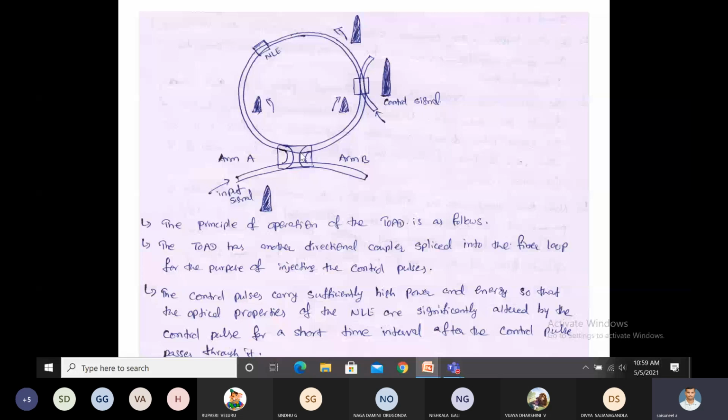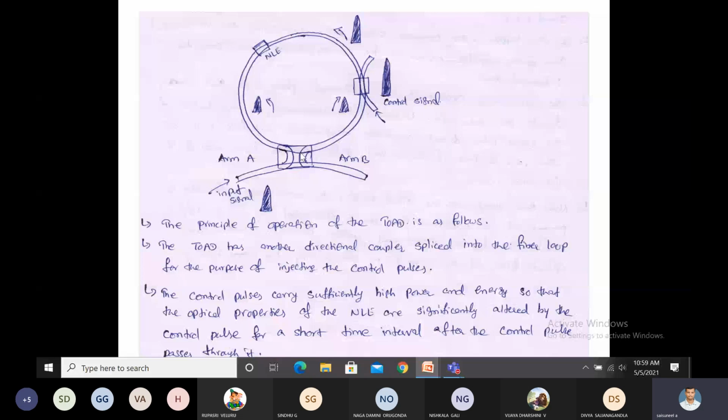See this one, we are getting input at arm A. This is the intensity of the signal. Once it moves to the center of the directional coupler, it splits, half going in the anti-clockwise direction. Once the anti-clockwise signal goes right here, we apply a control signal with respect to the original signal.